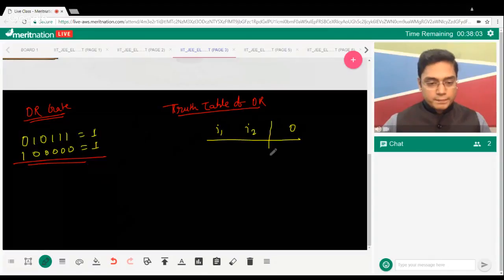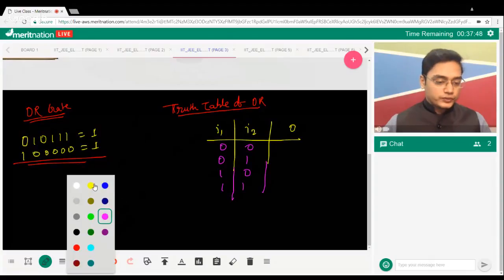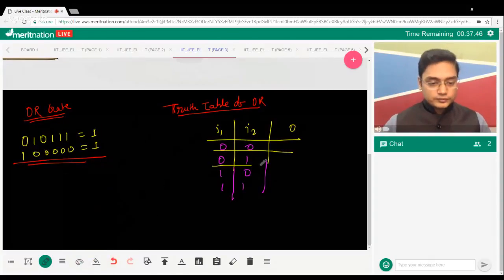We know that for OR gate with 2 inputs, we have 0 0, 0 1, 1 0 and 1 1. What about the output here? Can I say this will be 0, this is 1, 1 and 1. So this is the output of OR gate.